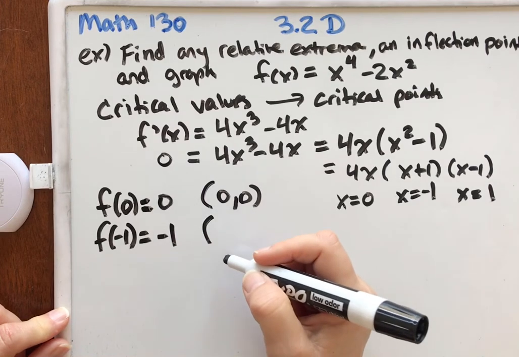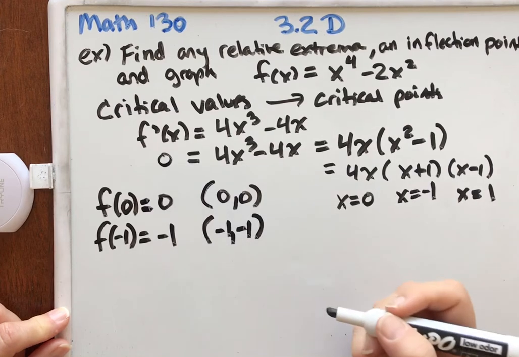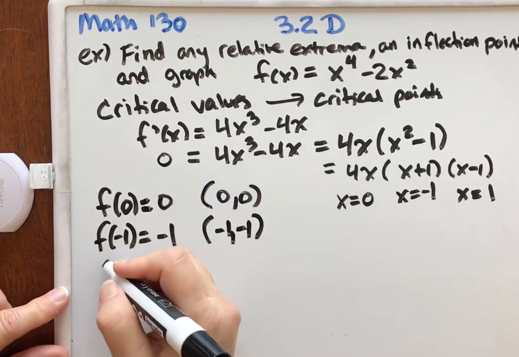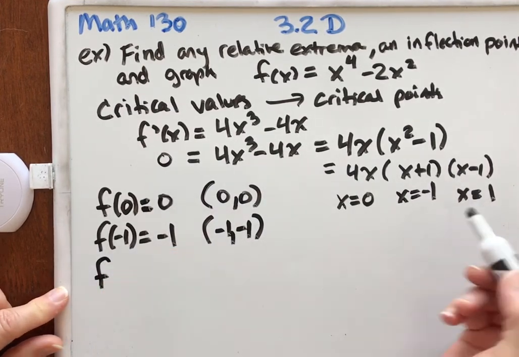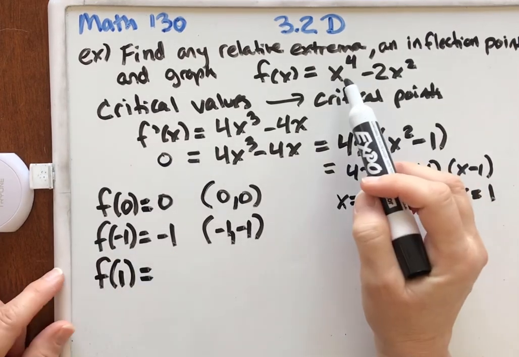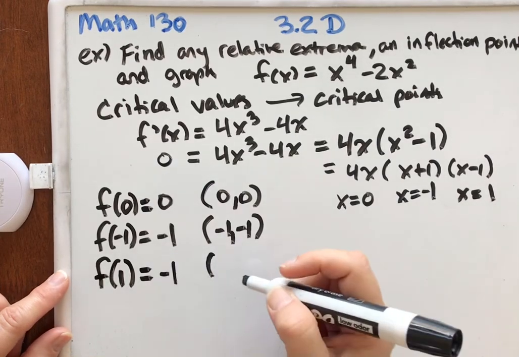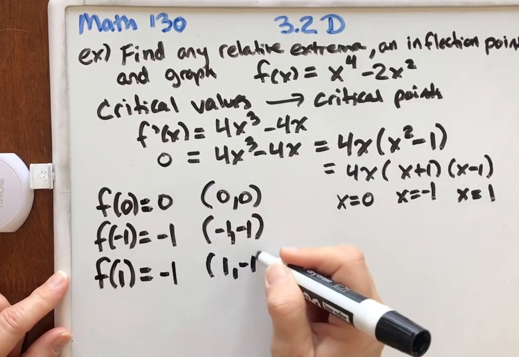So we have a critical point at negative 1, negative 1. Okay, now we're going to put in our third critical value, which is 1. So f of 1, we put a 1 in here, we get 1 minus 2 again, and that's negative 1. So our critical point is 1, negative 1.